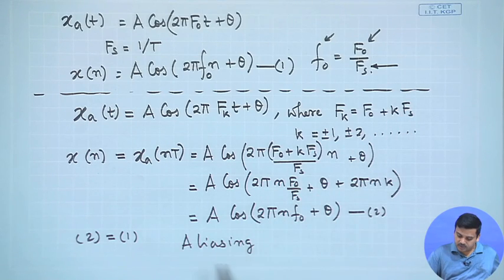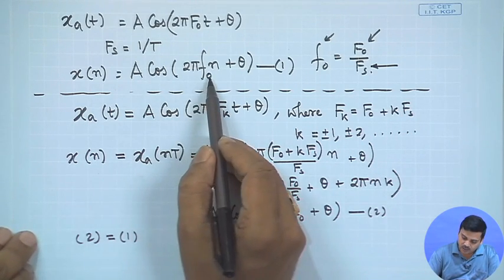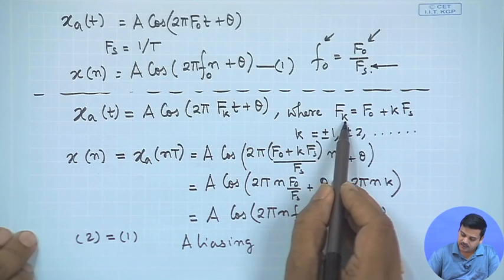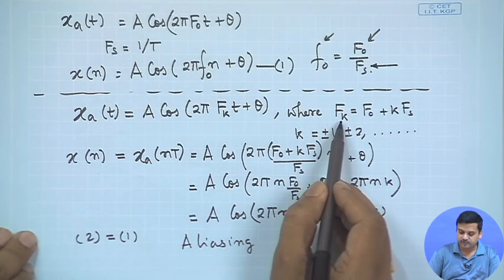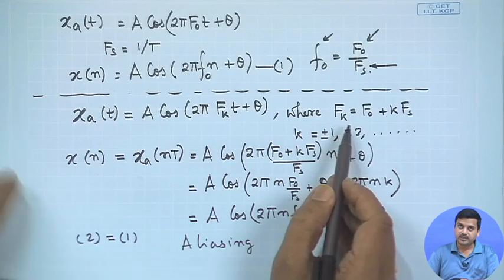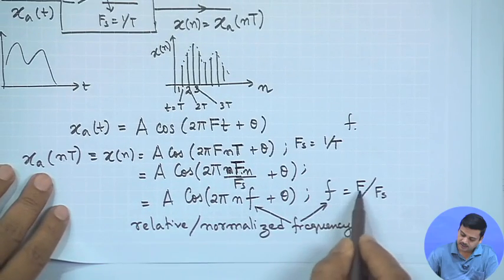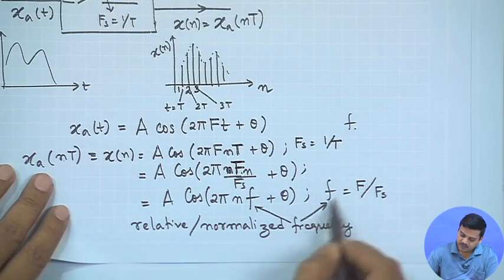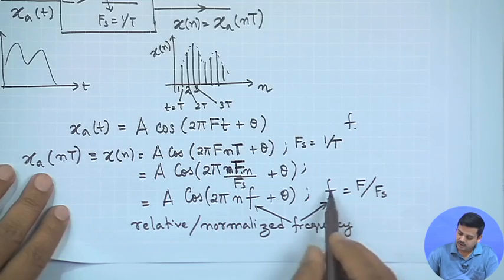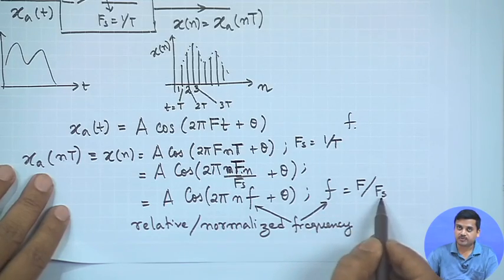So, you are unable to distinguish between one signal and another signal which could have different center frequencies. And the reason for this is quite clear from the expression here, which establishes that small f, the digital frequency, is basically a ratio of F and F s.